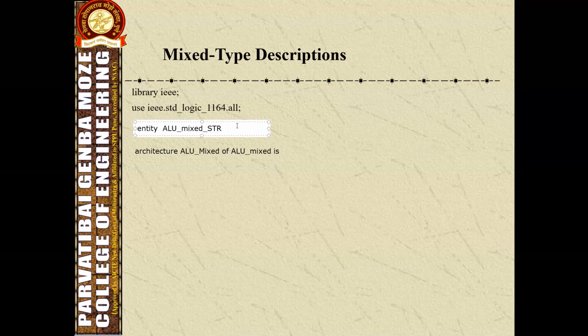And the port declaration, you try how to declare the port for this program. I am going directly to the architecture part, and we mention the name of our entity, mixed STR, here in the architecture part, is.